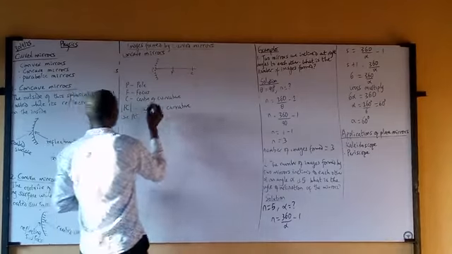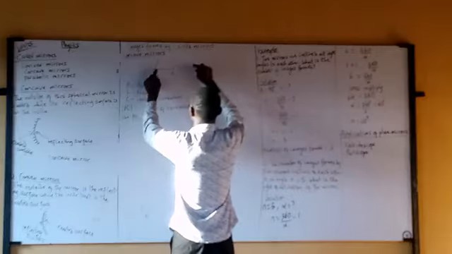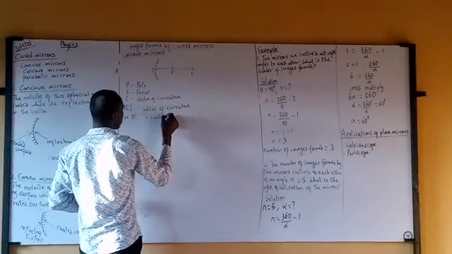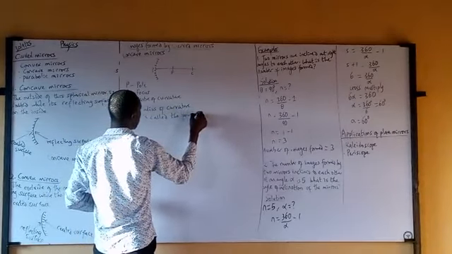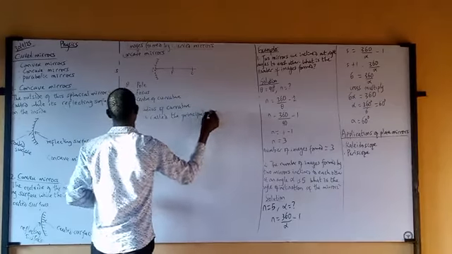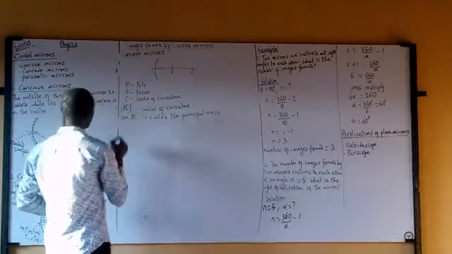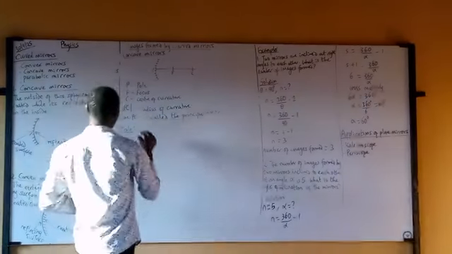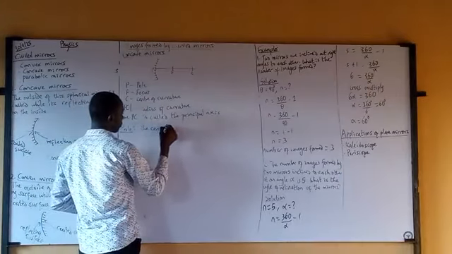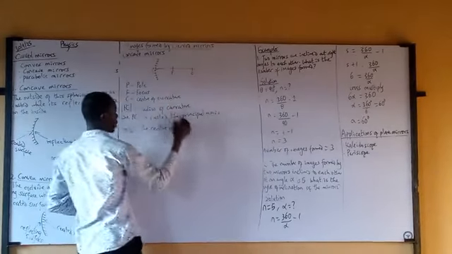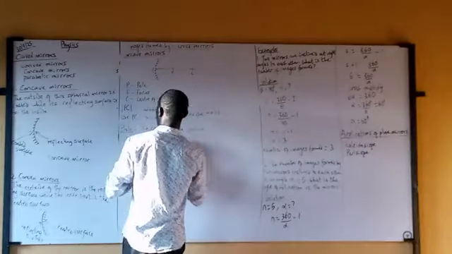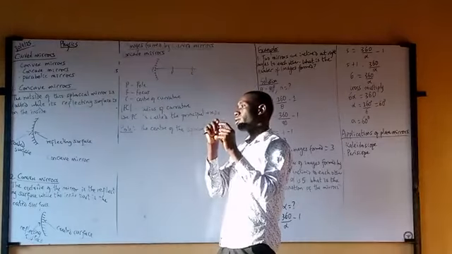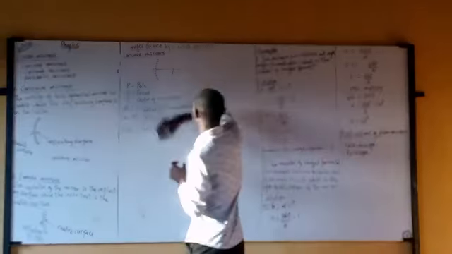The line PC, a line drawn from P to C, is called the principal axis. Let's explain what each of them and others mean. So the pole: the pole is the center of this mirror, the center of the sphere of which this mirror is part.